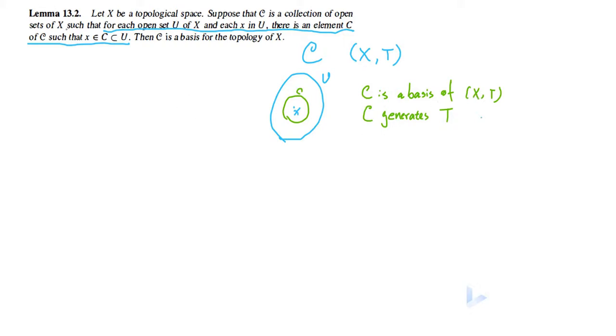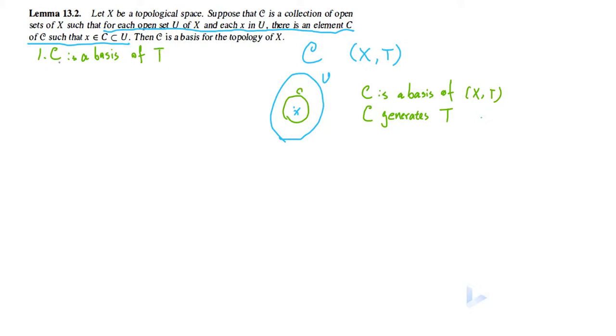Okay, so in order to prove this lemma, we need to prove this C generates the T. We can do the proof in two steps. In the first step, we prove that the collection C is a basis of some topology on the X. Maybe it's not the T, maybe it's a different topology.